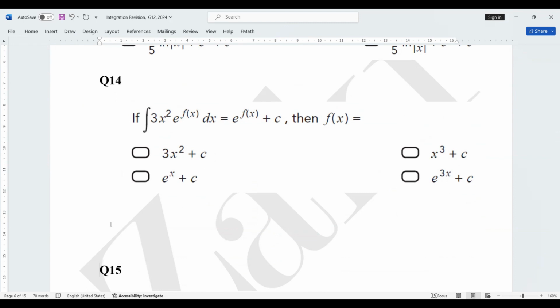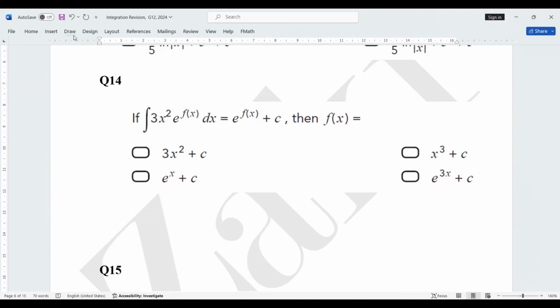Number 14. Is it x cubed? Only x cubed? Plus c. Okay, you are correct.